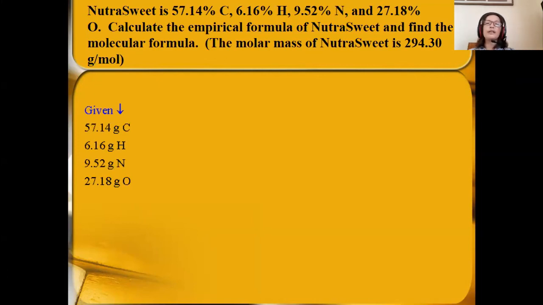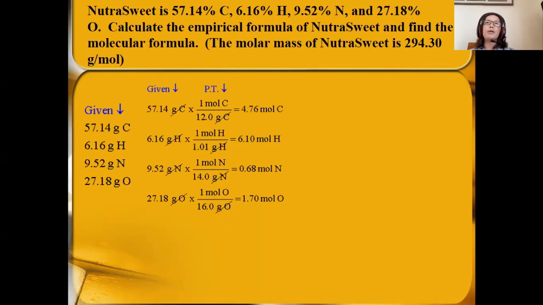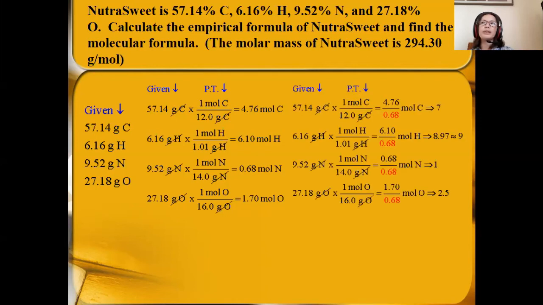So you check the molar mass of each element in the periodic table. After getting the mole, you choose the smallest. From the list, the smallest is 0.68 mole of nitrogen. So to get the mole ratio, you divide all the moles by the smallest mole, and that is 0.68.